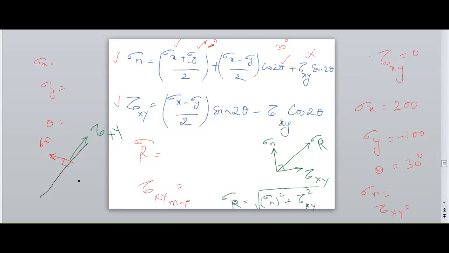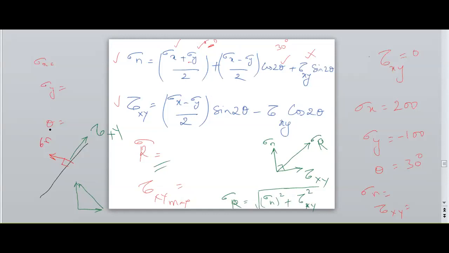It is simply like a triangle. In this manner, I need to find the resultant stress in the component.